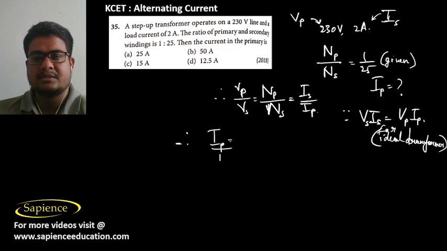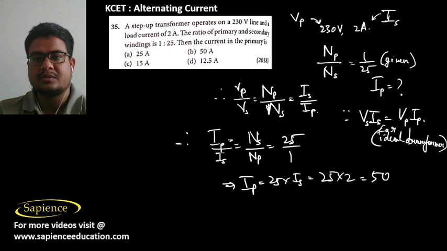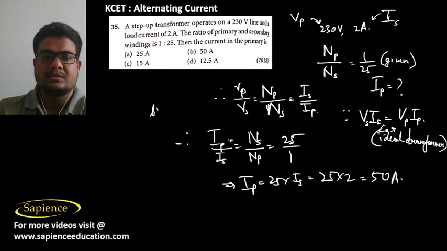Ip by Is will be equal to Ns by Np, equal to 25 by 1. So Ip will be equal to 25 into Is, with Is equal to 2 ampere. So it is 25 into 2, that is 50 ampere. So option B is the correct answer.